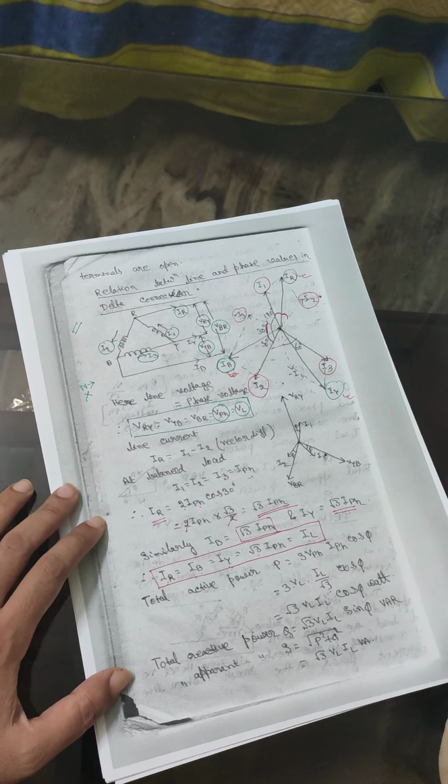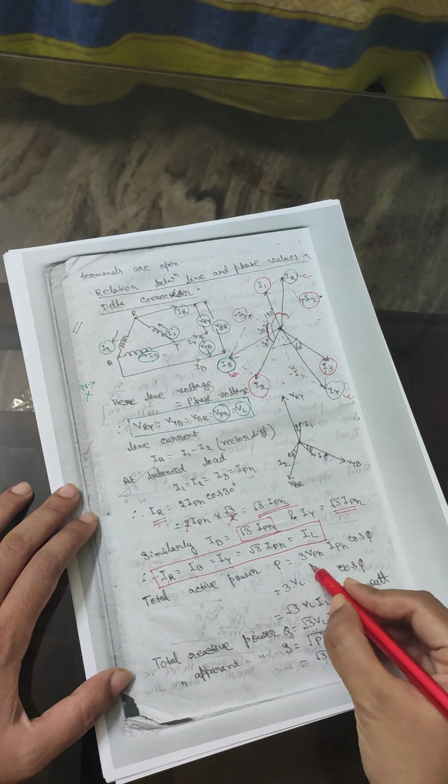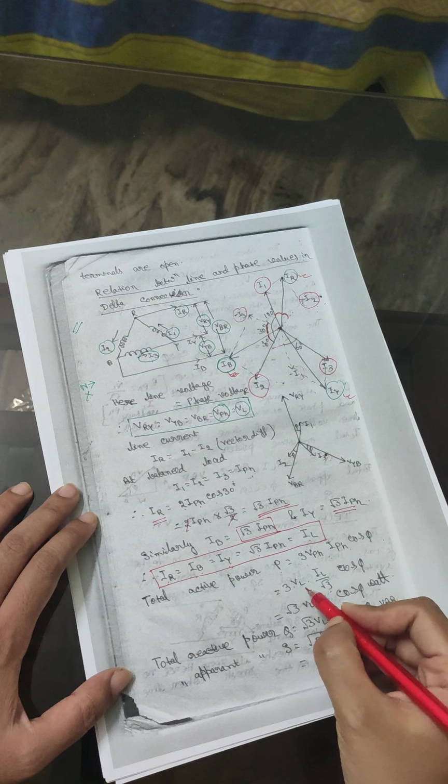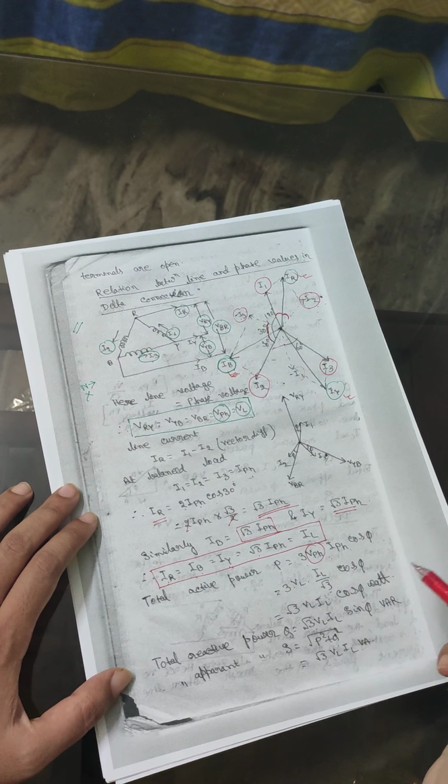Now when we want to find the total active power, power equals 3 V phase I phase cos phi.